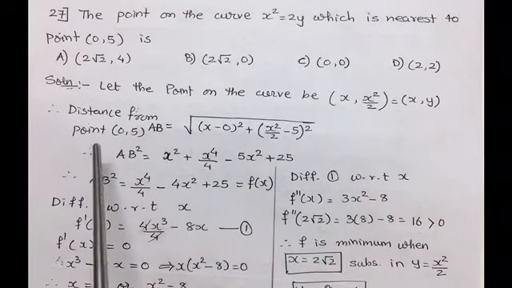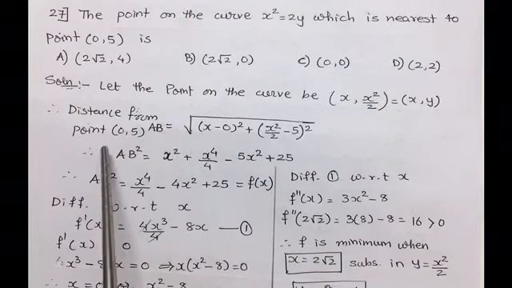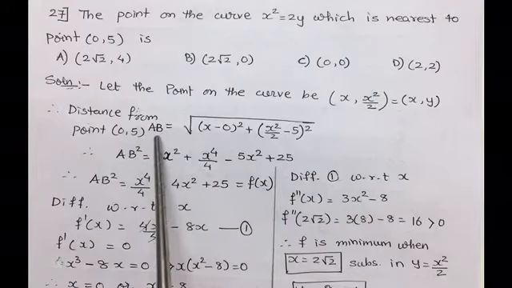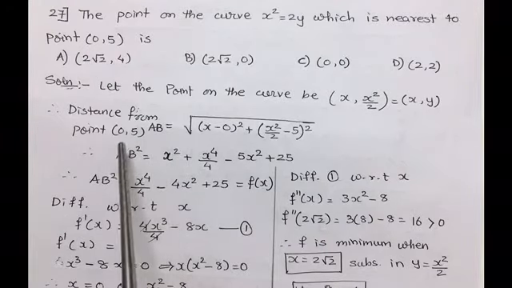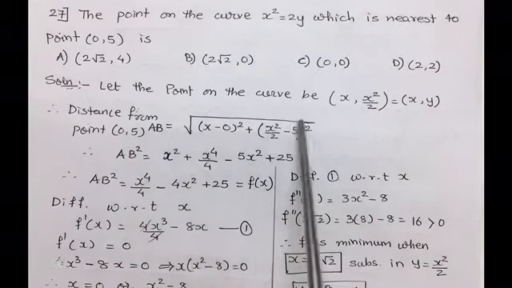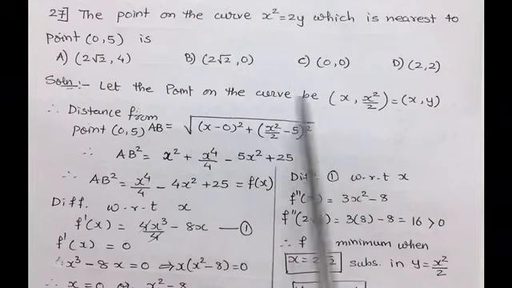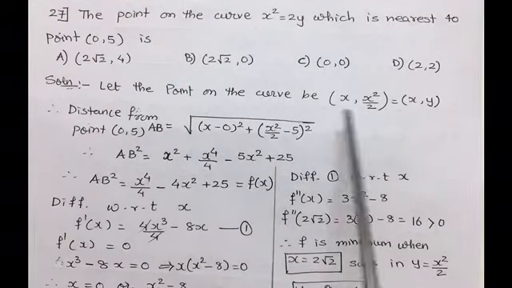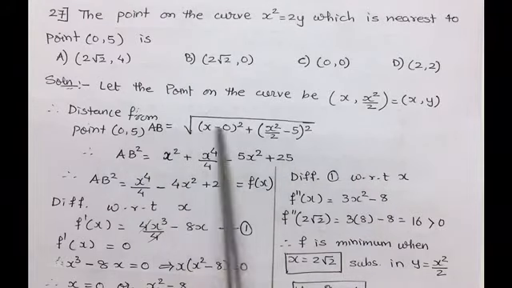Now taking up the distance formula, the distance assumed over here is AB and the point is (0, 5). So using the distance formula, we get the square root of (x minus 0) whole square plus (x square by 2 minus 5) whole square.